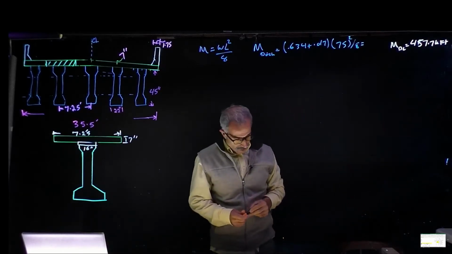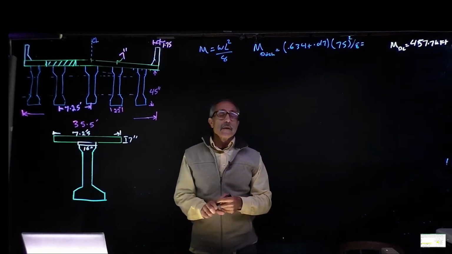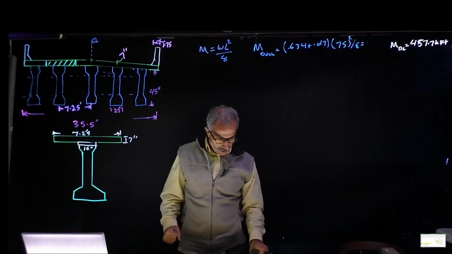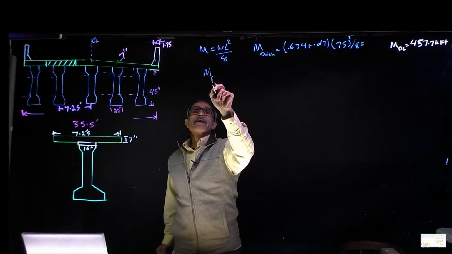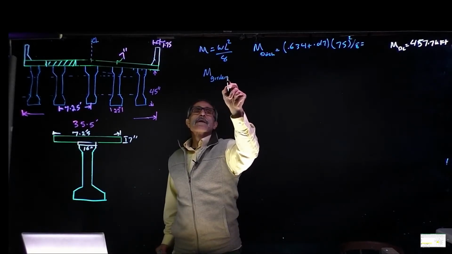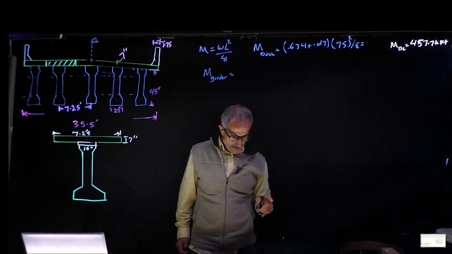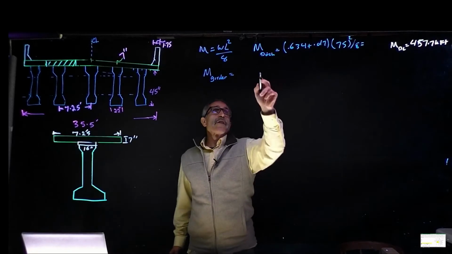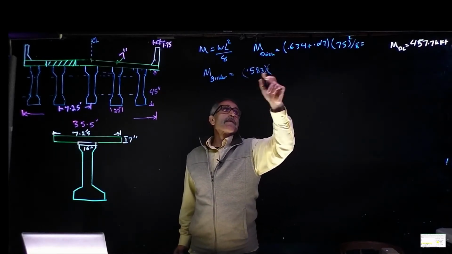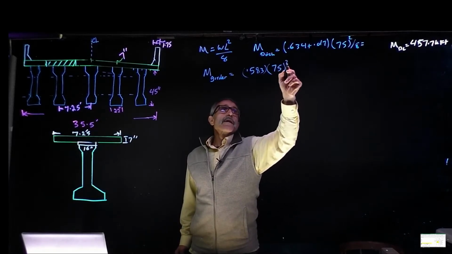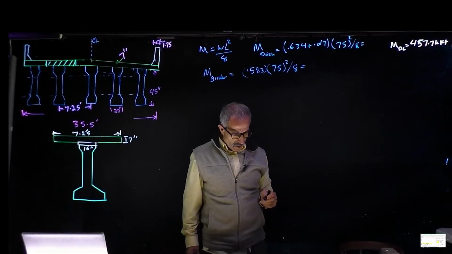All right, then the next thing I'm going to calculate is the moment for the girder. So M girder is equal, the load came out to 0.583 times W, that's W times 75 squared, and divided by 8, it comes out to 409.9 kip foot.